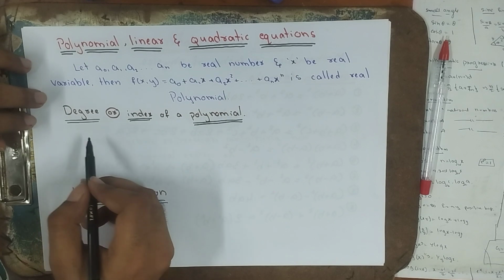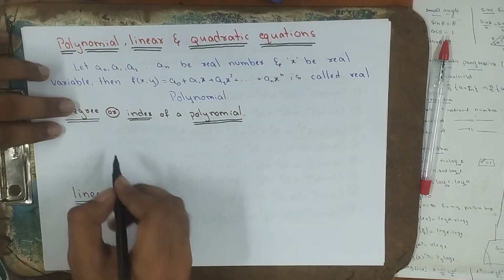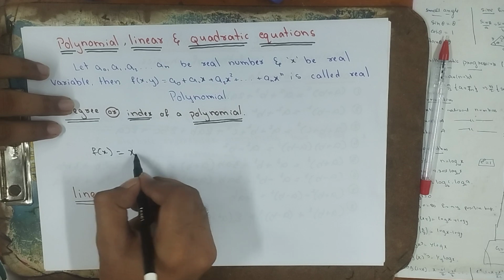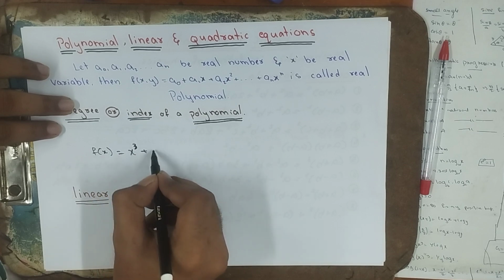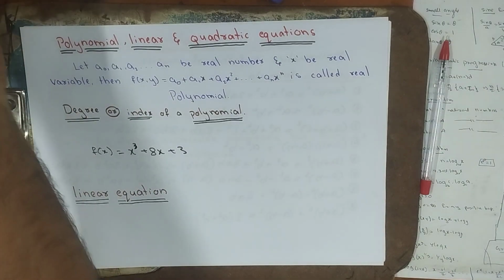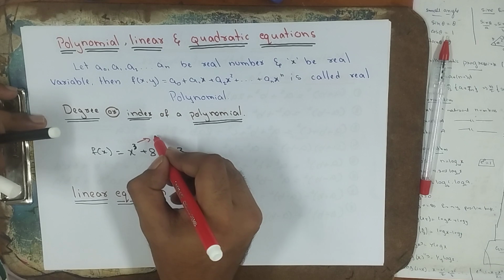Now, degree or index of polynomial. Basically, what is the degree of polynomial? Very simple. Let us take one example, you will understand. For example, x cubed plus 8x plus 3. Now what is the highest degree in this? This is the highest, right?